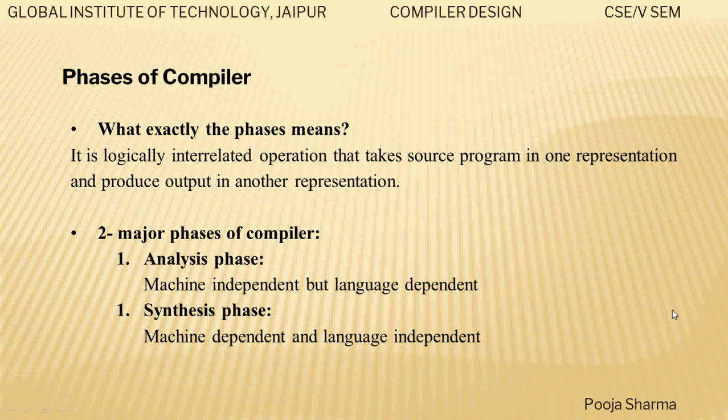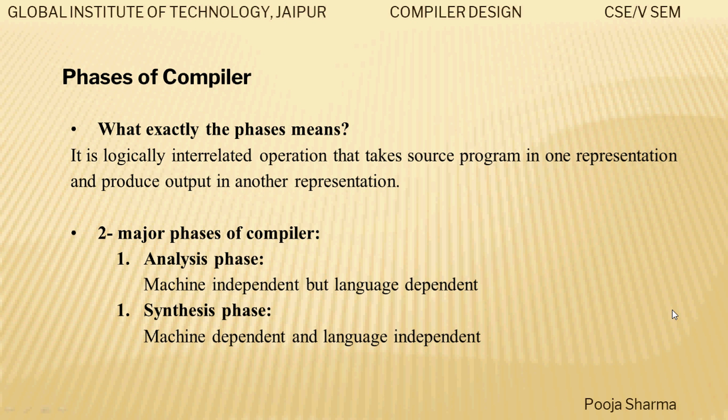Actually, the complete compiler is divided into two major phases. First is the analysis phase, second is the synthesis phase. Again, these two major phases are subdivided into subphases. So, what does the analysis phase consist of? The analysis phase is machine independent but language dependent, and the synthesis phase is machine dependent and language independent.